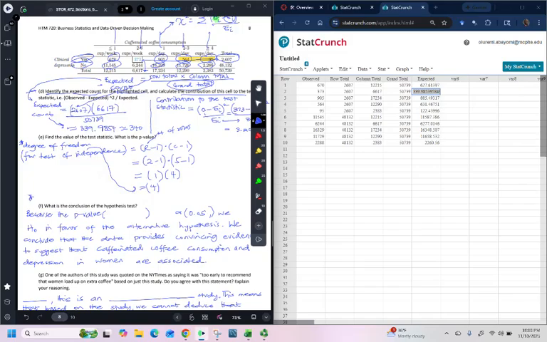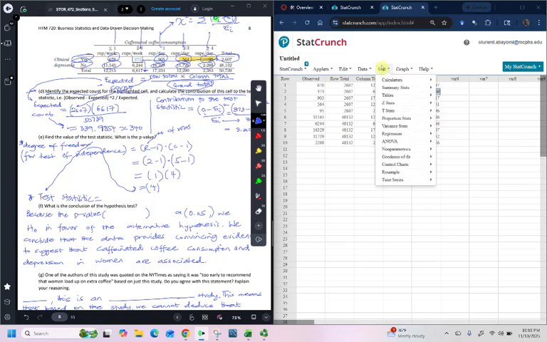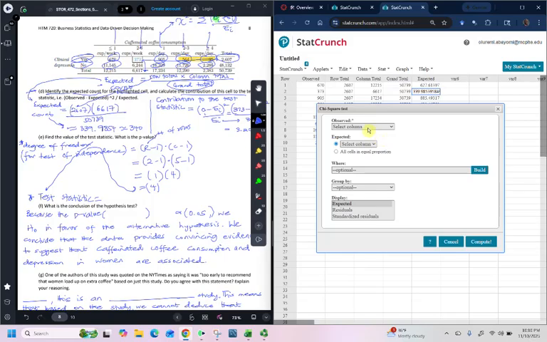And my value of the test statistic can be obtained from StatCrunch. All I need to do is go back to my chi-squared. So go to statistics, back to goodness of fit, go to chi-squared test, and indicate that the observed column is all values under the observed column. And my expected, select the column expected.